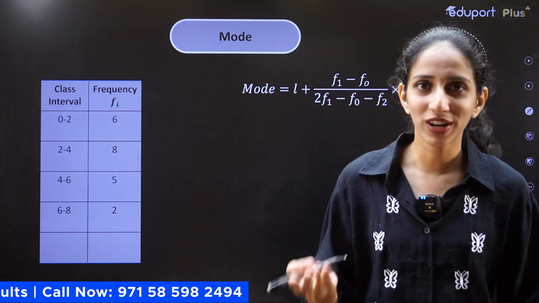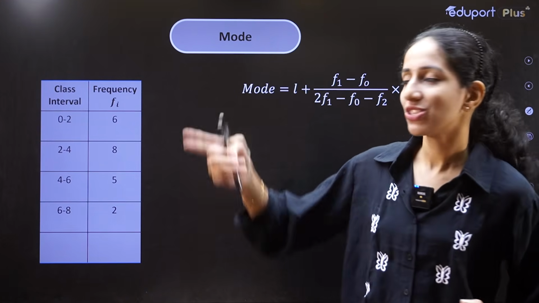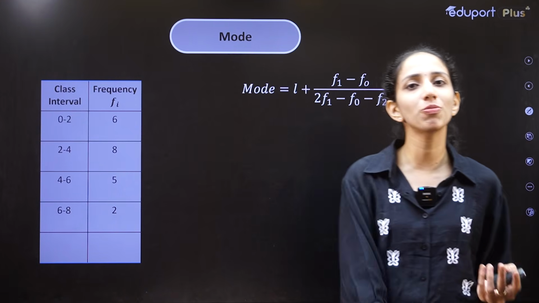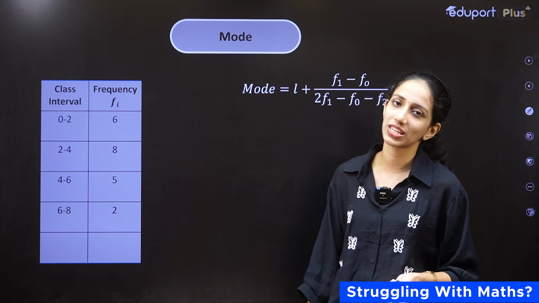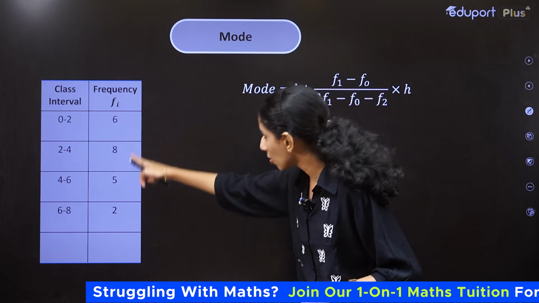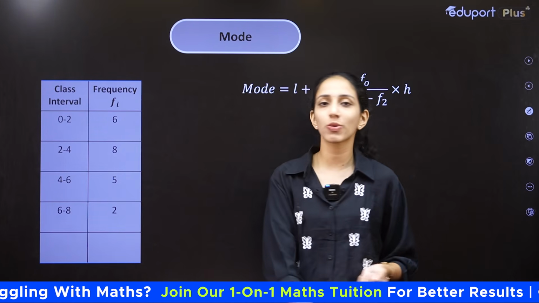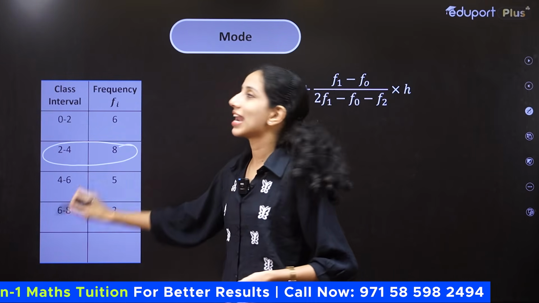Mode is the most frequently repeated value. So the modal class of grouped data is the class which has the highest frequency. Which is the class that has the highest frequency here? Here we have many frequencies, and the highest frequency among them is 8, and here is the modal class.